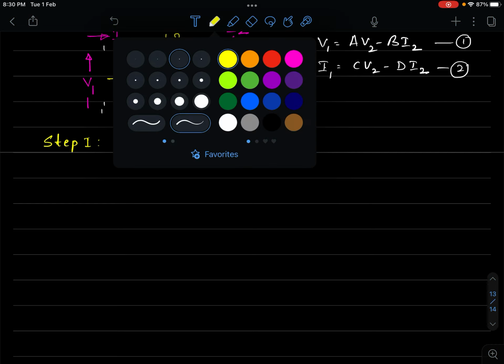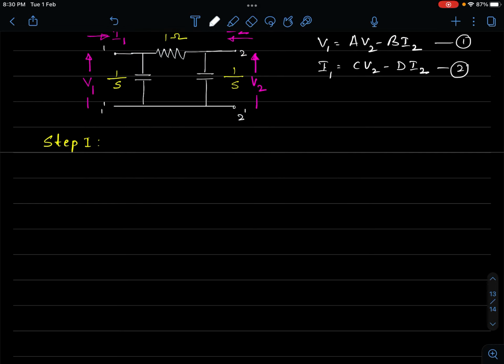In step 1, what I intend doing is, I will open circuit port 2, our output port. By port 2 we mean the output port. Output port is between 2 and 2 dash.